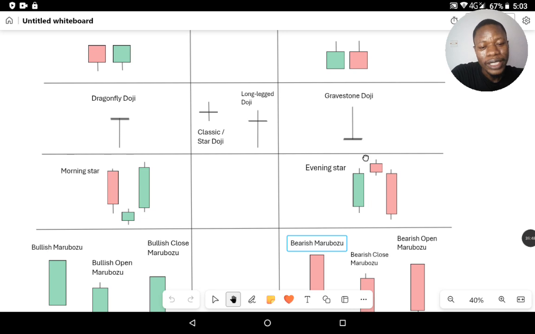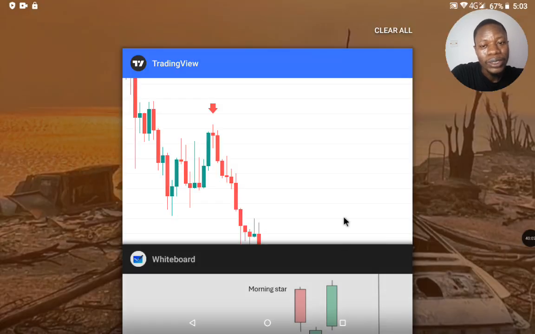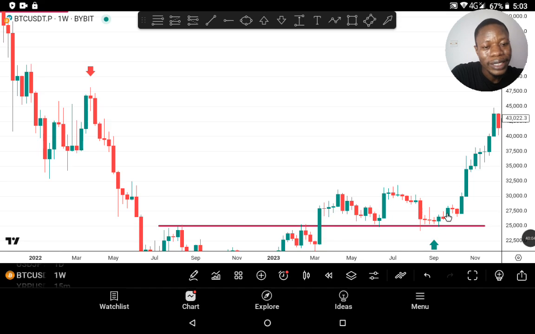You can see that we have an open bullish marubozu. It actually indicates that the market is about to go up. You can see that's what we now have here. So it is a confirmation that yes, the market is about to start going up.